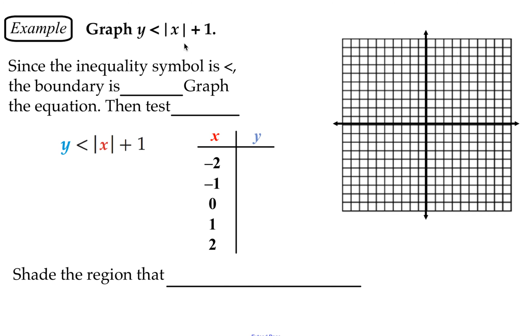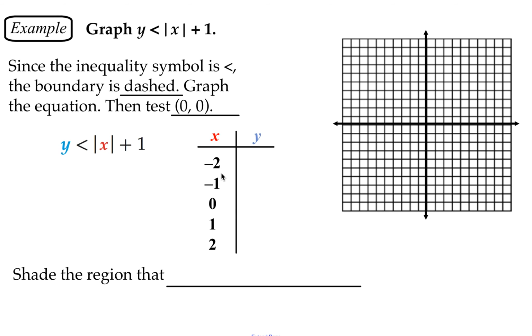So in this inequality, our inequality symbol is less than. So that tells us the boundary is dashed. We need to graph the equation y equals the absolute value of x plus 1. And that's only going to be part of our graph. We really need to figure out where that vertex is, and then we'll test the point 0, 0.